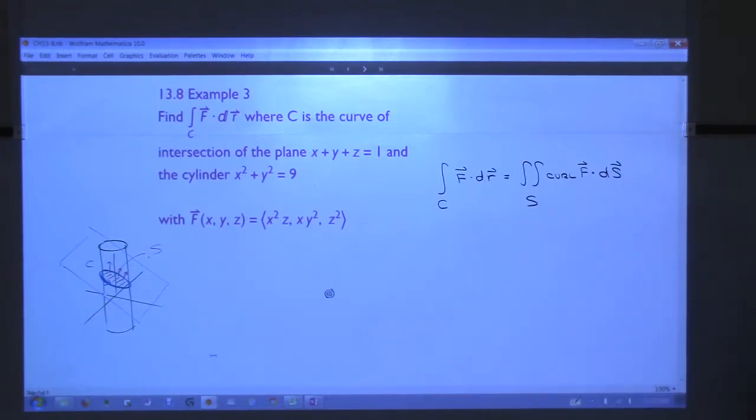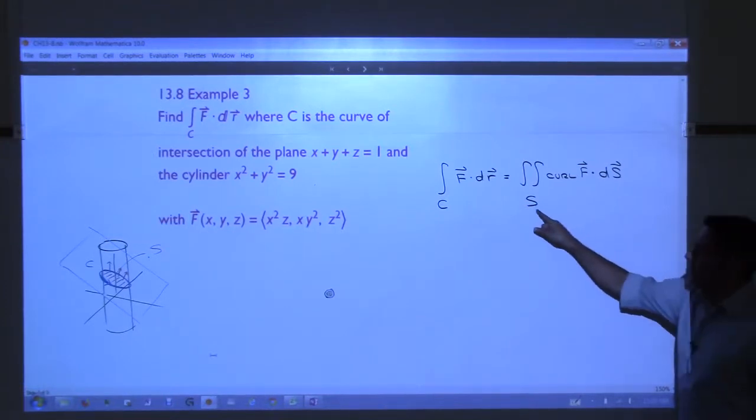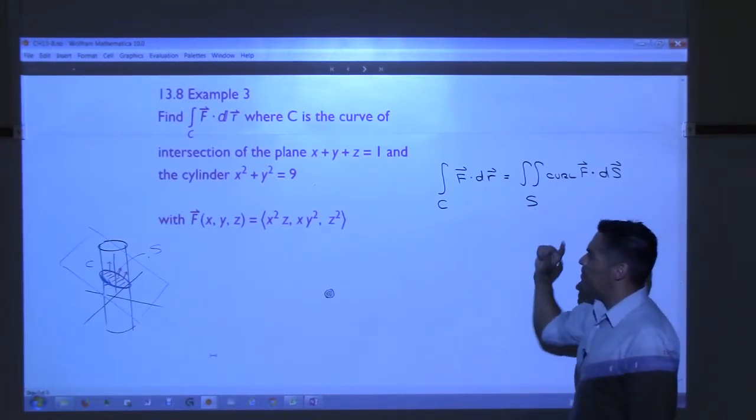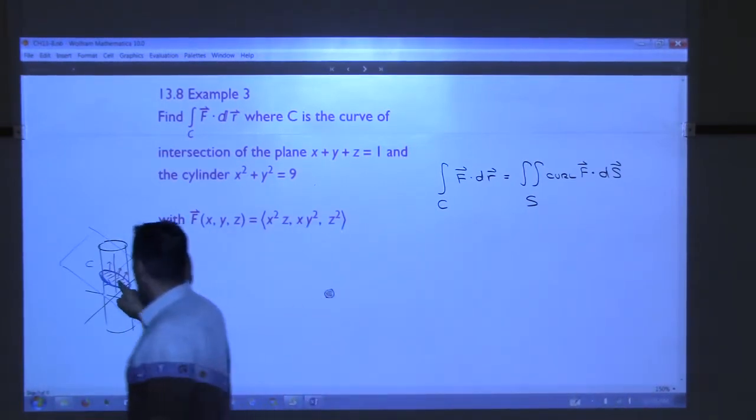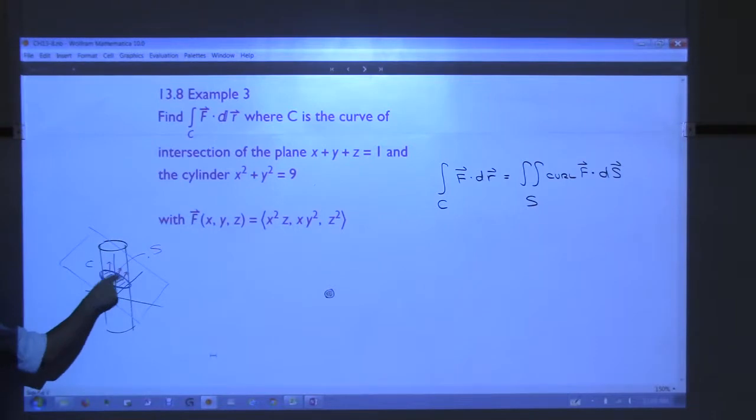So that's Stokes' theorem. And S is the surface that shares as its boundary the curve C. So we have this surface right here. This surface would qualify because its boundary is C. And what do you want to do first? You want to just go ahead and get the curl first, see what that looks like?